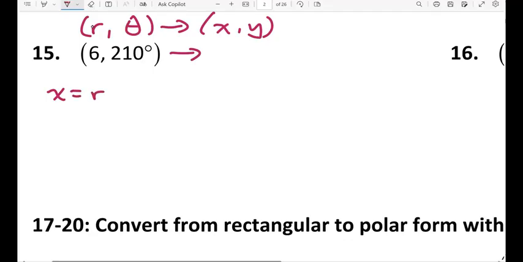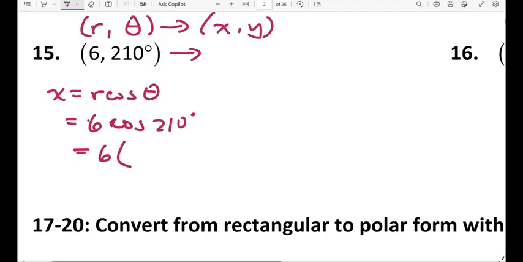X is equal to r times the cosine of theta, which is 6 times the cosine of 210 degrees. And the cosine of 210 degrees is negative square root of 3 over 2. So 6 times a half is negative 3, so that gives us negative 3 times the square root of 3.